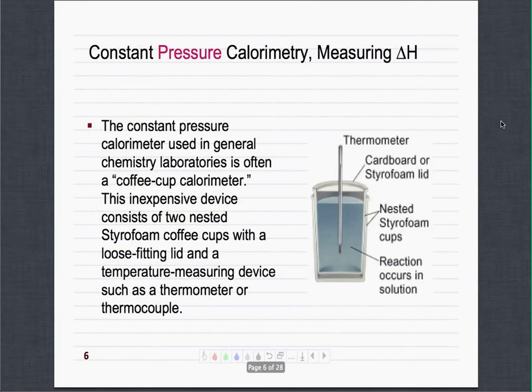To measure the delta H, which is the enthalpy of any reaction, we do our reaction inside a very simple device called a constant pressure calorimeter. It's mainly two coffee cups and a thermocouple or thermometer. You put the reaction there, do the reaction and measure the temperature, and from the temperature you can figure out the delta H. By definition, delta H is the heat at constant pressure.